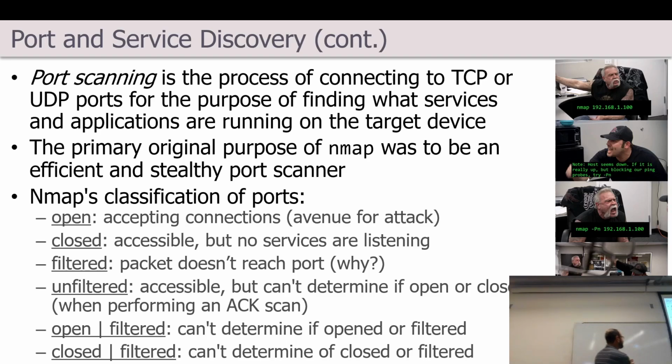Really, the first three are the most important: open, closed, but then also Nmap, via some of these different options, is able to determine if a port is potentially in a filtered state. That we attempted to reach that port, we didn't receive confirmation that the port was open or closed, but based on how we attempted this connection and what happened as a result of that, we have some reason to believe that there is some sort of firewall that's intentionally blocking requests to access that particular port, which is also very important to know as well.